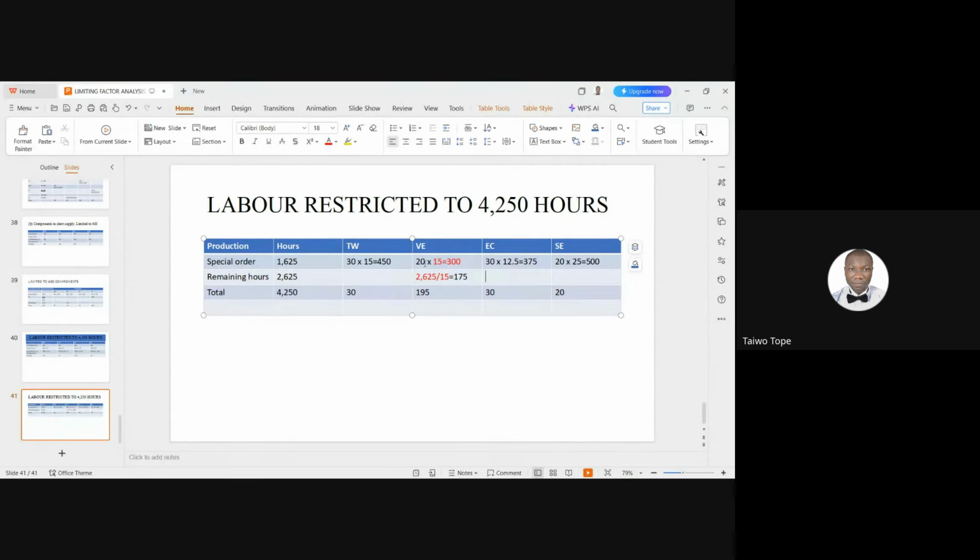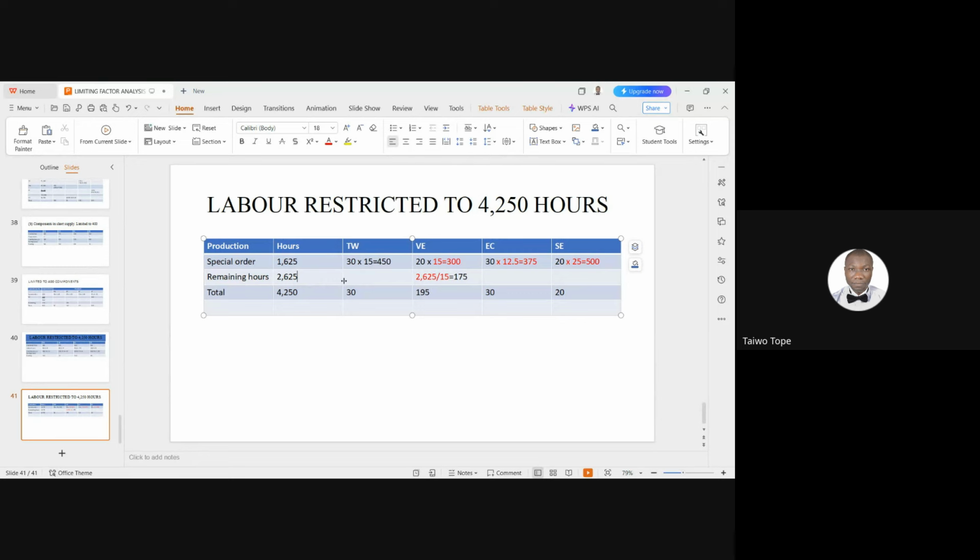What we are concerned with is 20 and 175. To get the total hours, we show these workings. This is the balance of 4,250 minus 2,625.